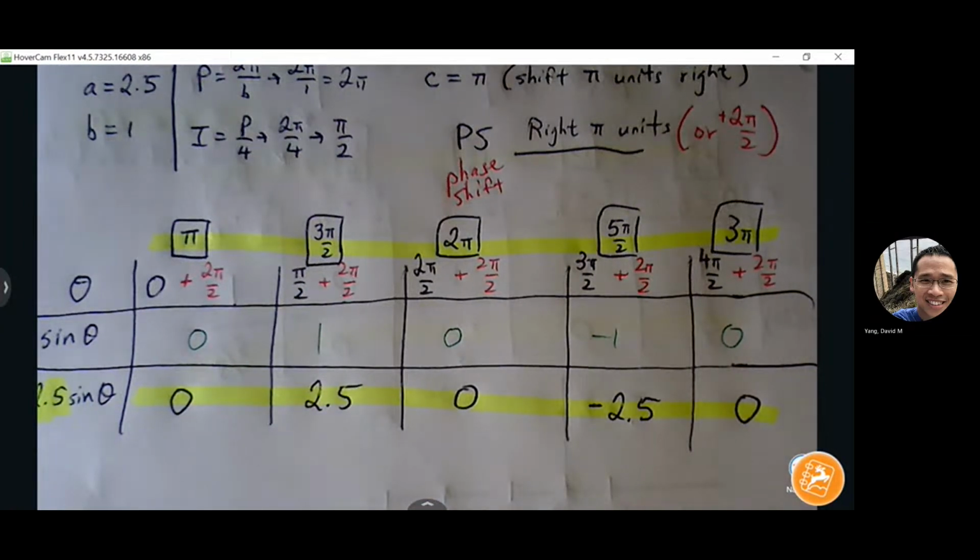You should end up with 4 rows, and then you're just graphing the top row and the bottom row.